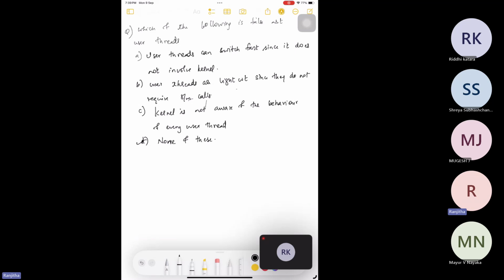So what they're saying is that if the process is already having some resource and it's again requesting, then the process has to release all the resources before making another request. So this is with respect to the hold and wait condition.